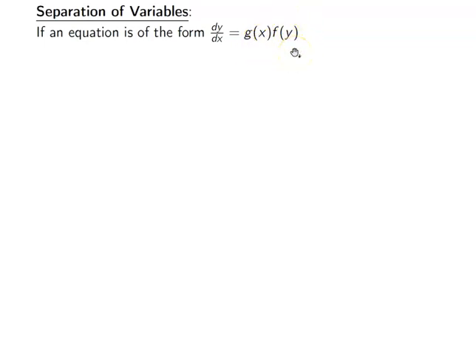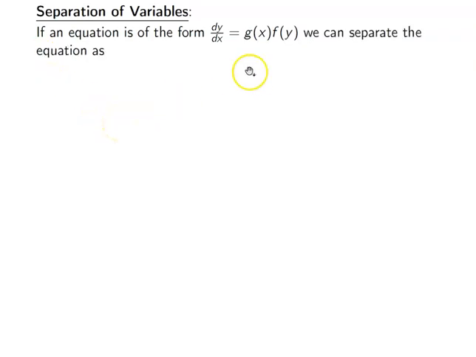They might be entangled in some way, and we might have to untangle them, right? So you can't always look at first glance and say, oh, this is a separation of variables problem. Sometimes you have to manipulate one side of your equation a little bit, okay? So I cannot use separation of variables if my function does not look like this. Okay, they have to be separable because it's called separation of variables, right?